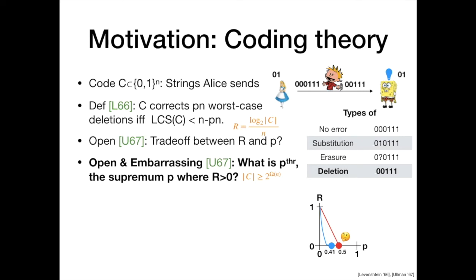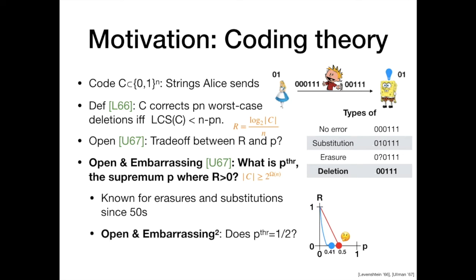So this trade-off is asking for the curve of R versus P values that are achievable with a code, and this open and embarrassing question is just asking for the P-intercept of this curve, and this in fact is still open. By contrast, this threshold has been known for erasures and substitutions since the 50s, but for deletions it's still open.